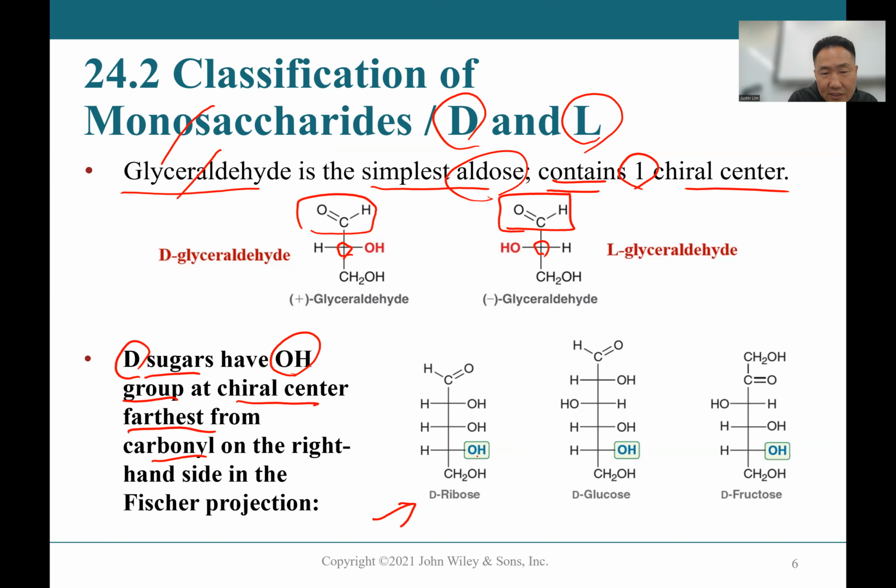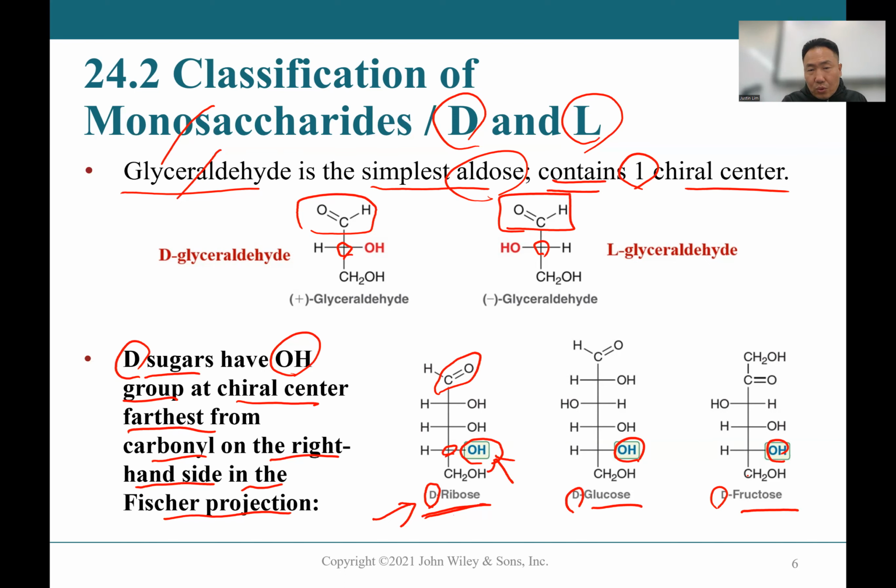In this case, you can see the OH group at the chiral center farthest from the carbonyl. On the right hand side in the Fischer projection, we call the sugar D. In this case, the reverse, L. So on this OH group, we can call it glucose, fructose.